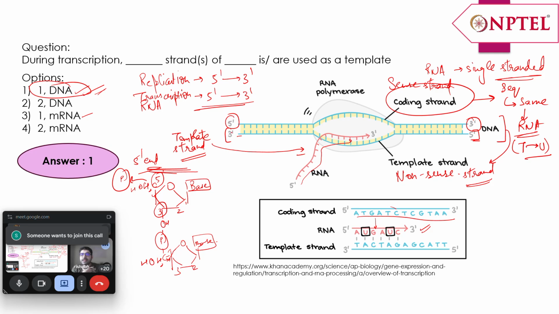At the other end of this strand, the 3 carbon is free to make a bond with another nucleotide, so this carbon of the pentose sugar is free. That means its 3' end is free, and that is why it is called the 3'. So is the doubt clear?